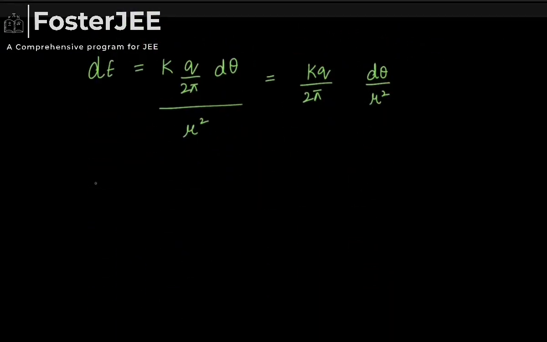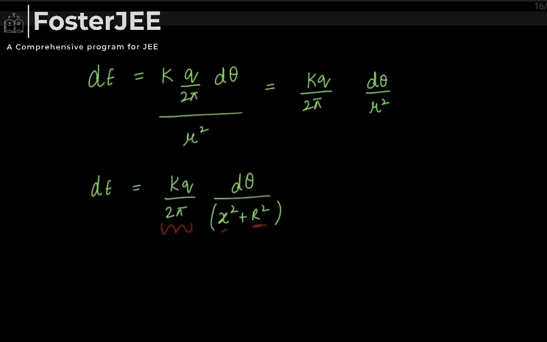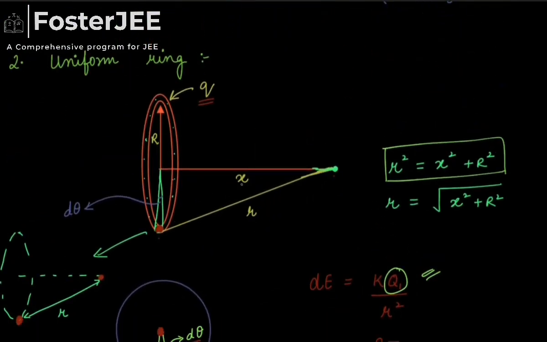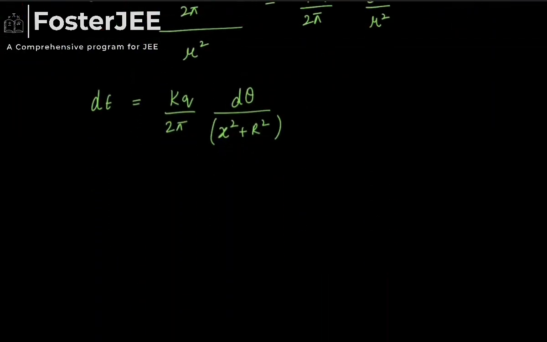We will substitute and get dE equals kq upon 2 pi d theta upon x square plus R square. Note that here everything is constant, R is constant, only x is variable if x is changing. But since we have to calculate at any x, that is x is given, so it's fixed, so everything is constant here. Now let it be our first equation.